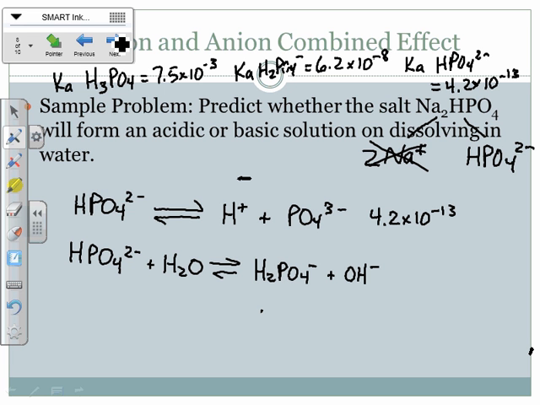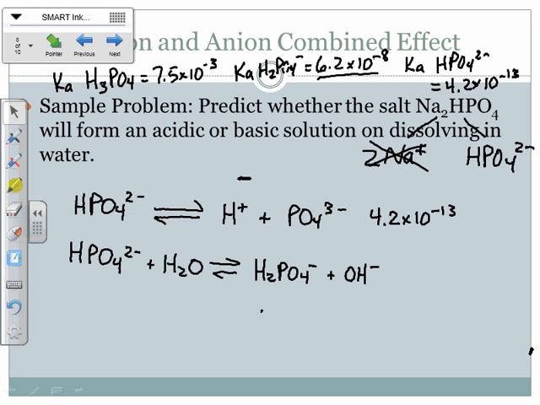Now the HPO4 2-, that's actually going to be the conjugate base for H2PO4-. So the Ka for H2PO4- we have right here. Okay, so we need to actually use the Ka times Kb equals Kw equation for that one. So 1 times 10 to the negative 14th divided by this number, 6.2 times 10 to the negative 8th.